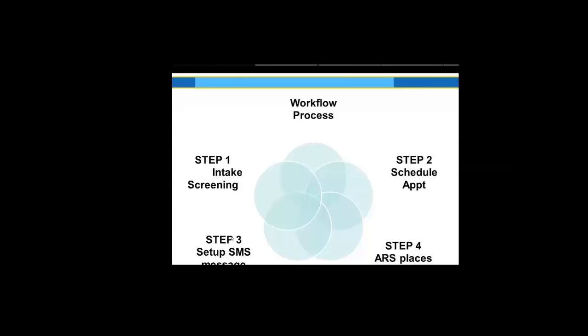And during that initial intake screening, if the applicant requests that an appointment reminder be sent to them, then that will be flagged, and an appointment will be made, and then a message will automatically be set up through the appointment reminder system to send out either a text message to the applicant or a voice message.